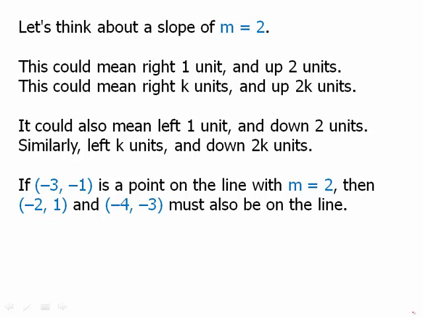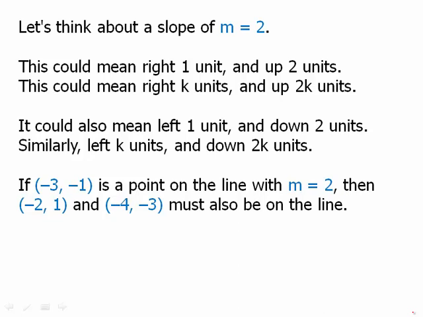So for example, if (-3, -1) is a point on a line with a slope of m equals 2, then we can find other points. For example, if we went over 1 and up 2, so over 1 from -3 would be -2, up 2 from -1 would be +1, so that would be the point (-2, 1).